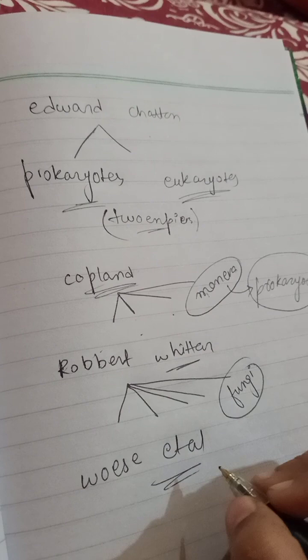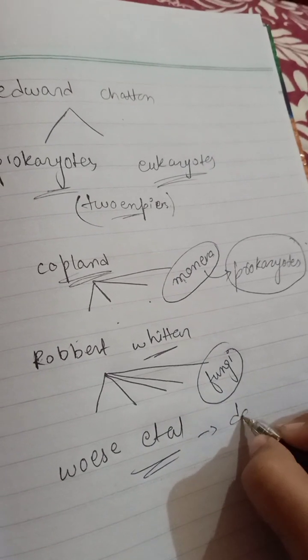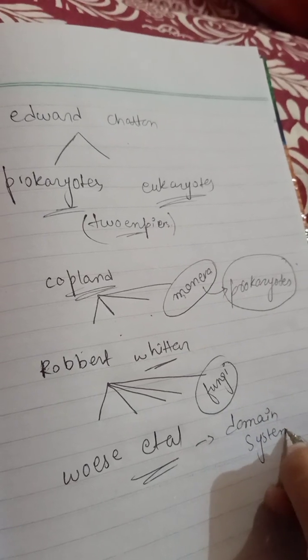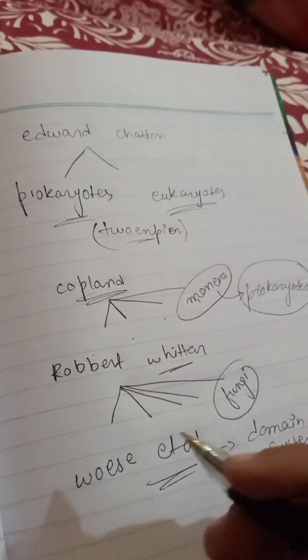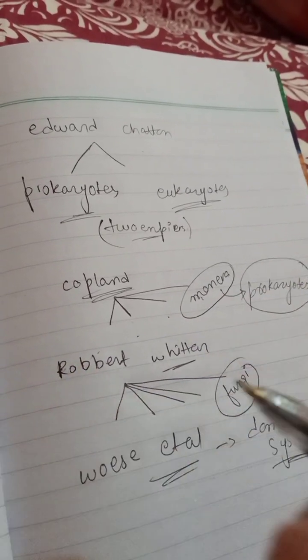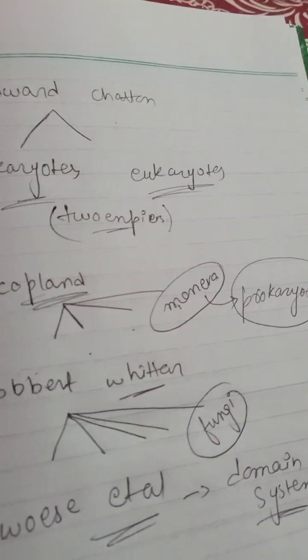He gave the domain system. What is the domain system? There is a taxonomic position of the prokaryotes as domain Bacteria and domain Archaea. What does it mean? Let me tell you.